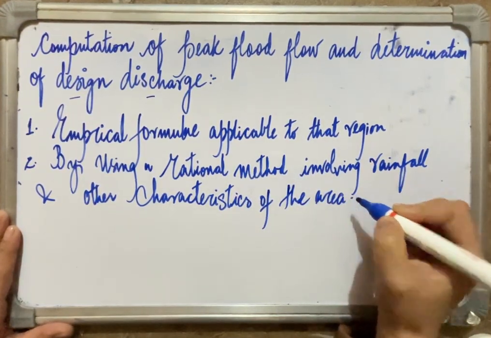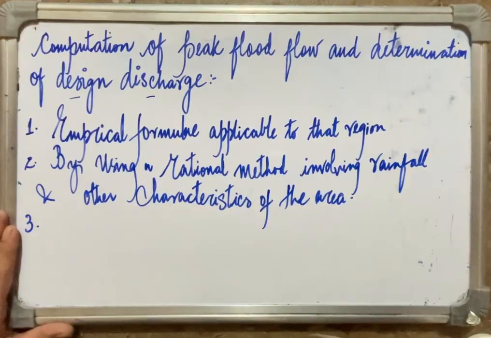This is the second method for determination of the maximum discharge which a bridge across a natural stream is to be designed for. All right.